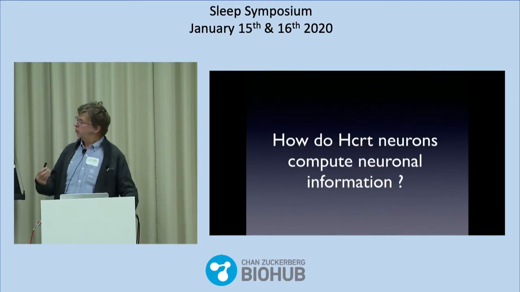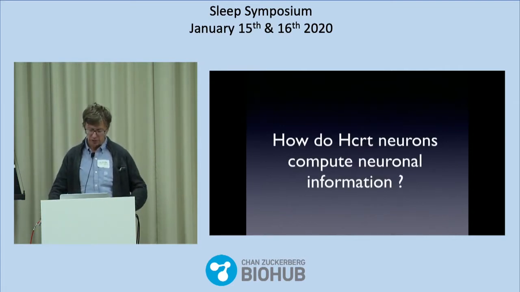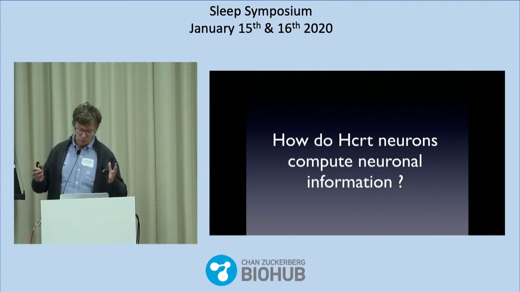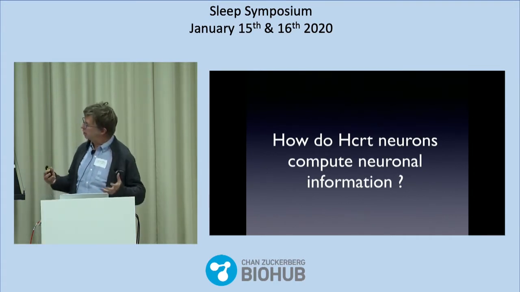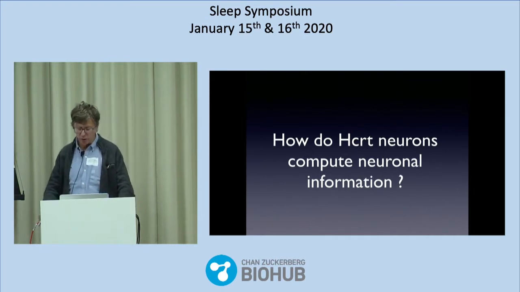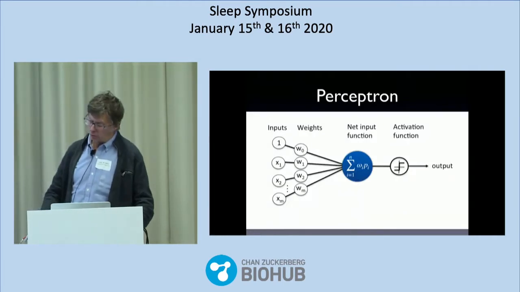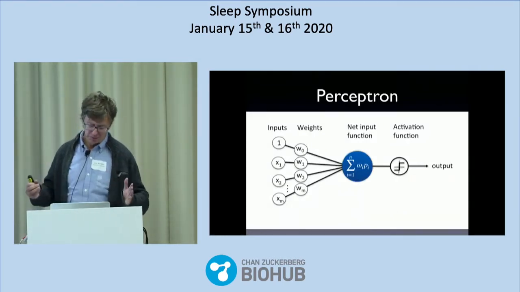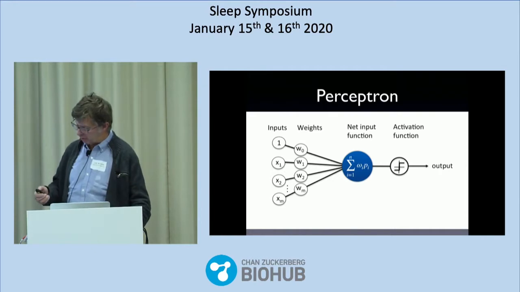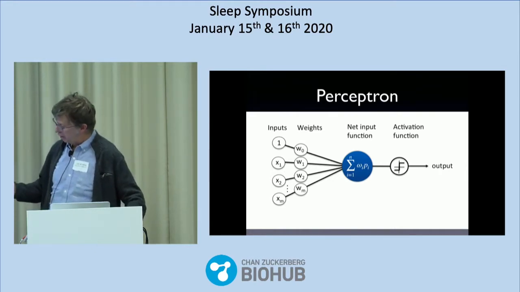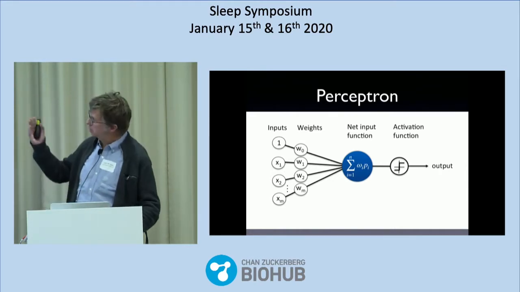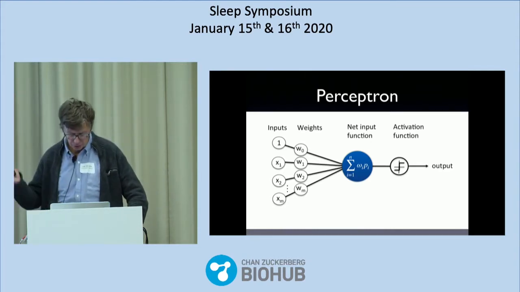So one of the questions that we've been trying to address is how do these neurons affect sleep continuity? And in particular, what is the algorithm? What's the architecture? What's the logic behind these neurons stabilizing sleep? When we talk about computations, we went to the most basic computation of all, which is the perceptron. The perceptron is an algorithm shown here.